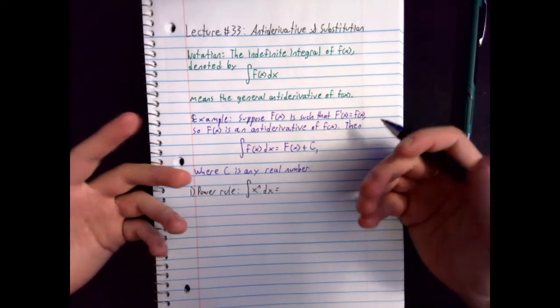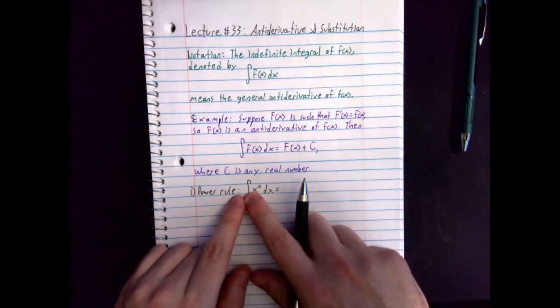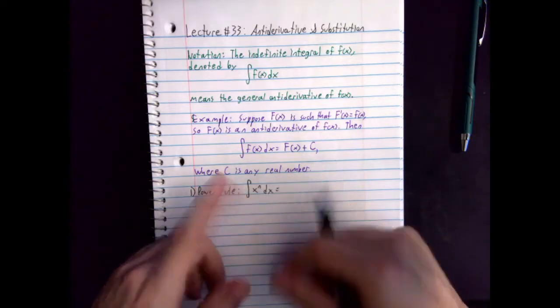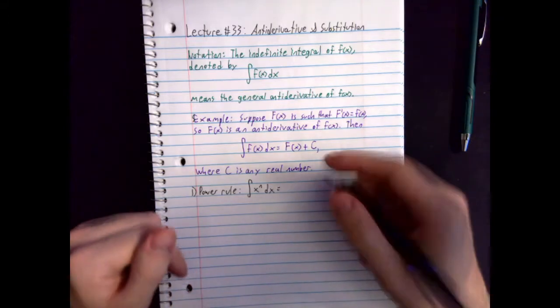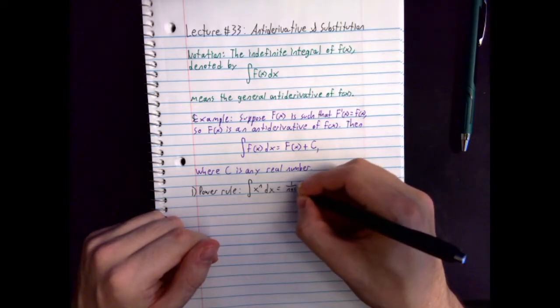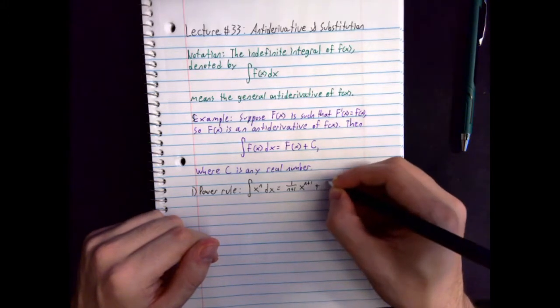The normal power rule says that if I wanted to differentiate x to the n, I move the n down, and then I subtract 1 from the exponent. Well, now we just want to do that in the reverse order. So let's add 1 to the exponent, and then divide by the new exponent. So this is going to be 1 over n plus 1, x to the n plus 1 plus c.